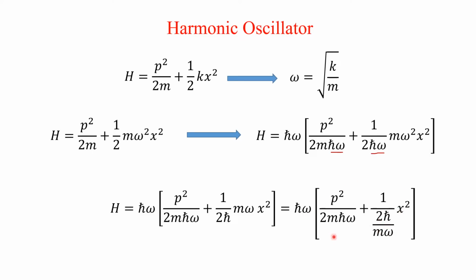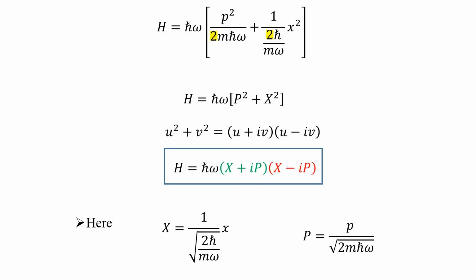There is some meaning why we are doing it like this. We will see what that is. We arrived at the Hamiltonian of the harmonic oscillator: h cross omega into p squared over 2m h cross omega plus 1 over 2 h cross divided by m omega x squared.